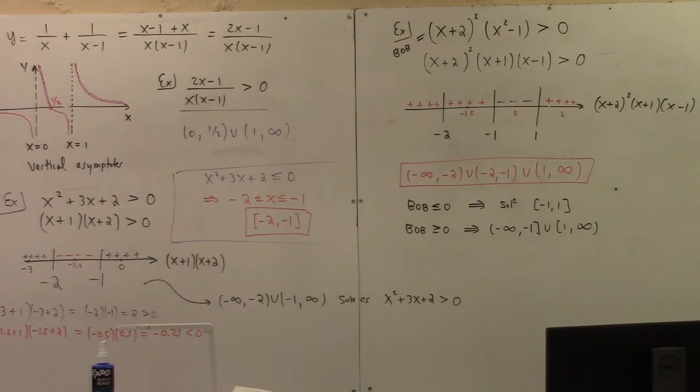So y equals mx plus b. This is the so-called slope-intercept form, right? You could also look at y equals y1 plus m times x minus x1.